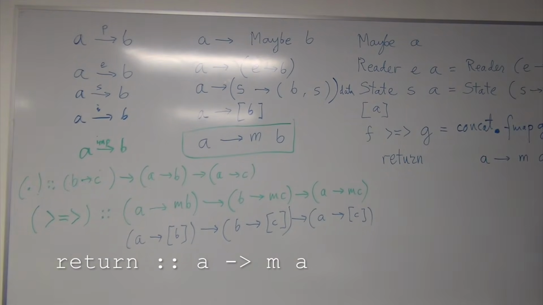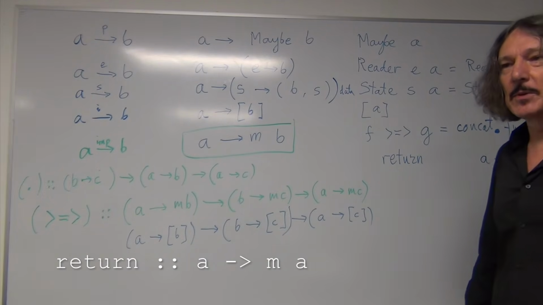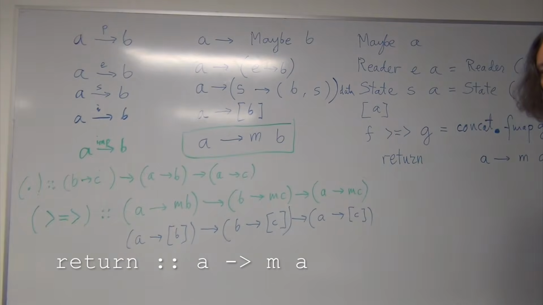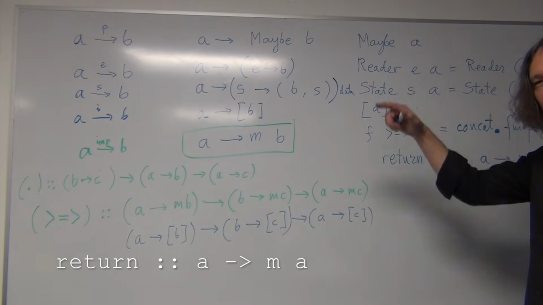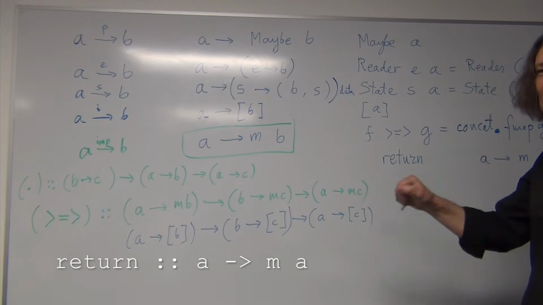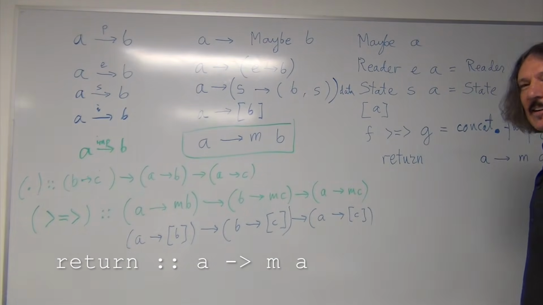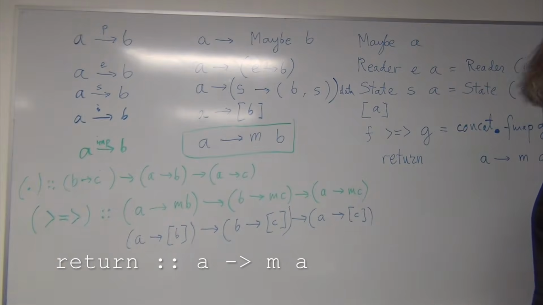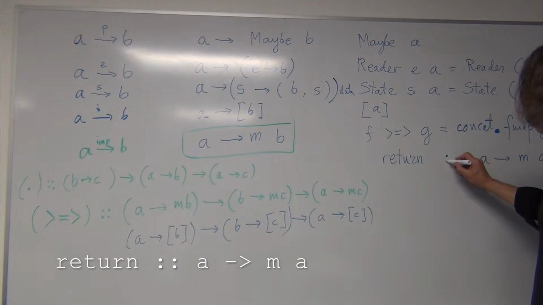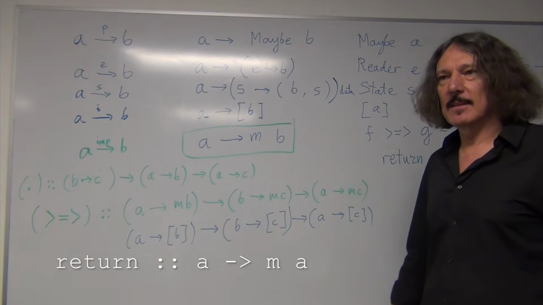Why don't we just call it Kleisli return or Kleisli ID? Actually, there is a different name for it. It's called pure. Pure is probably a better name. But when you see do notation and you see return there, it really looks like the imperative return that you would put there, so it reads much nicer with return. Pure is defined for applicative, but it's going to be the same.